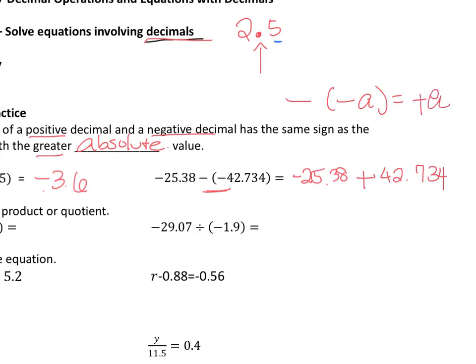There's actually a 1 here by the identity property. Now we can move forward with adding these two decimal numbers. So after taking 42.734 and subtracting that from 25.38, I get 17.354.